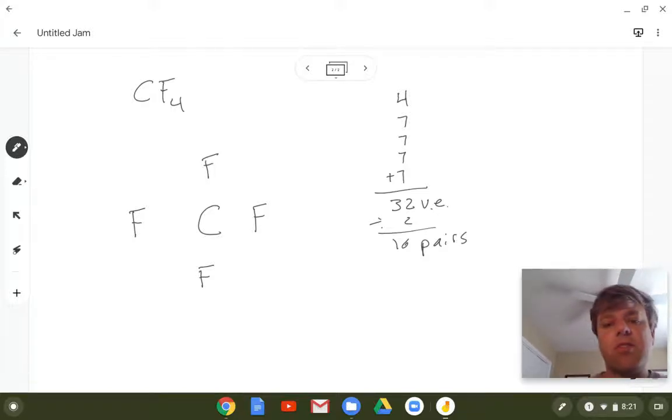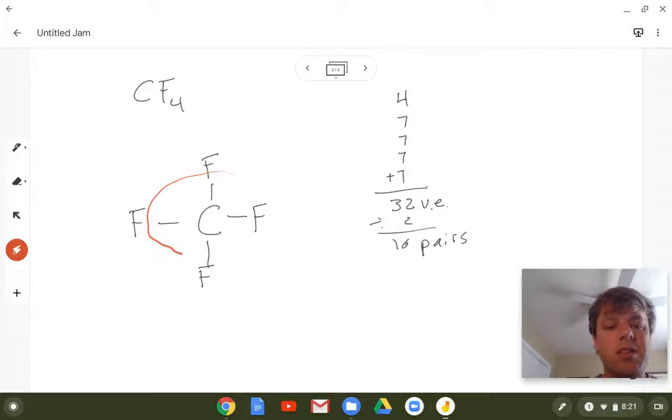So the first step, once we've got our general layout, is we need to connect each of the fluorines to the carbon in the middle with a bonding pair. So we're going to go 1, 2, 3, 4. That's 4 of our 16 pairs of electrons.